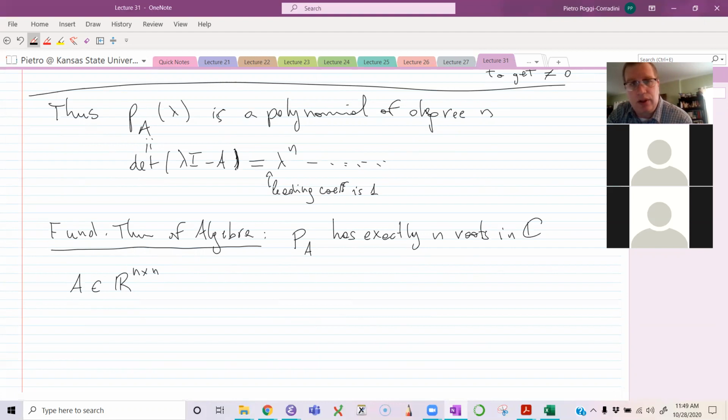And so if you get a complex root, then you also get an eigenvector that will have complex entries, right? So that's not ideal, but all right.